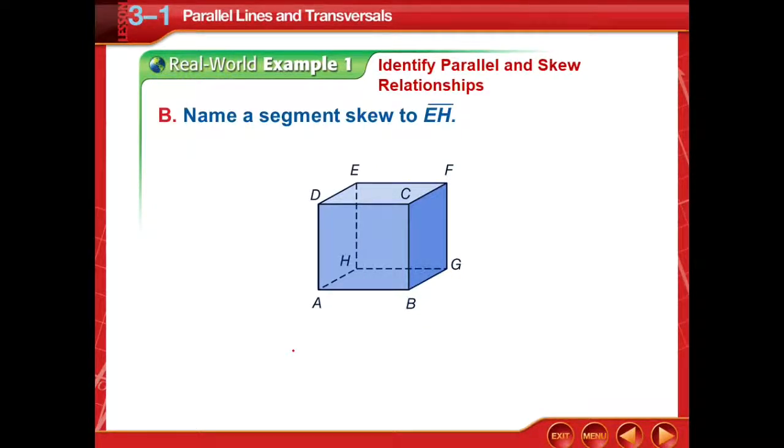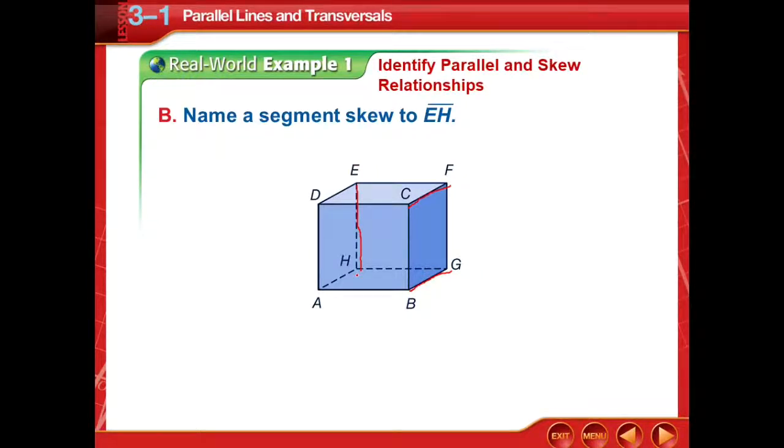We can also talk about segments that are skew to EH. So the first thing we're going to do is find segment EH. We now want to find a segment that is not on the same plane and will never intersect. DEHA is the same plane, so none of the lines over here are going to be skew. The skew lines are going to be on opposite sides, going in opposite directions.